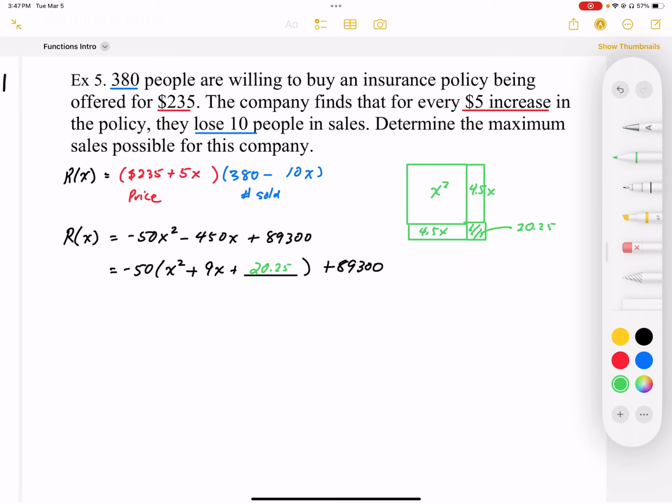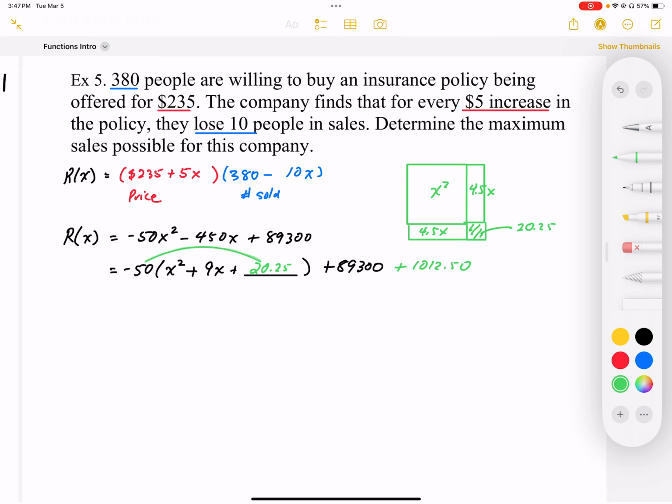And then when I multiply that together with the negative 50, it means that I've actually added in a negative $1,012.50. So I need to balance that with a positive $1,012.50.